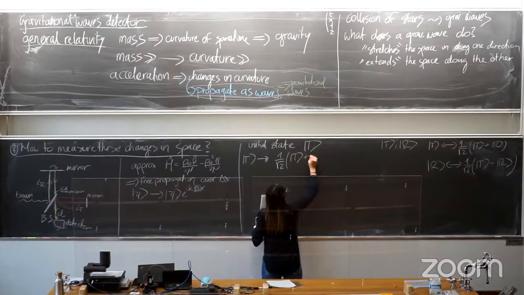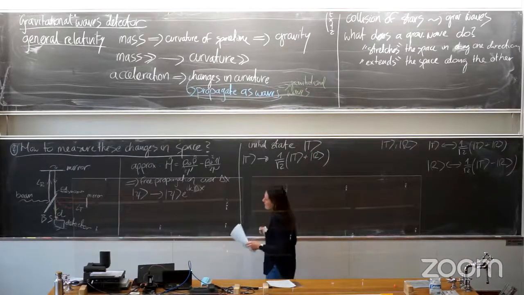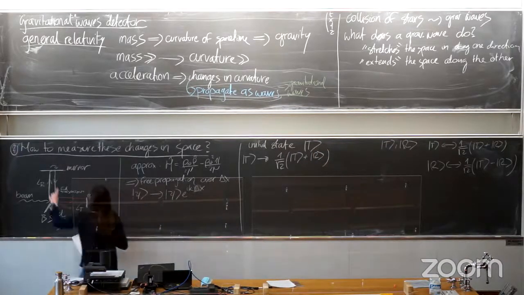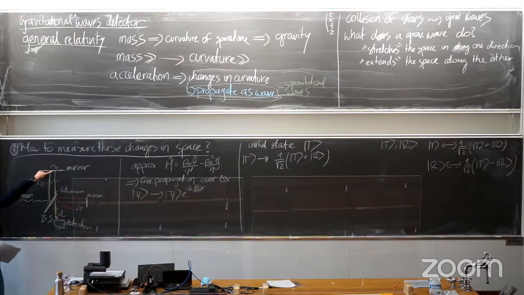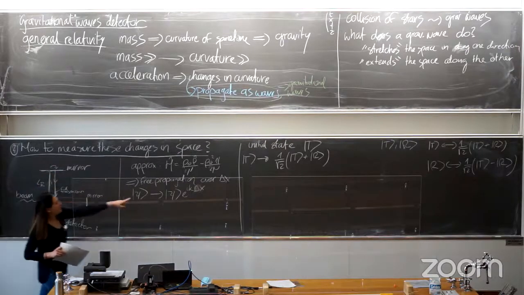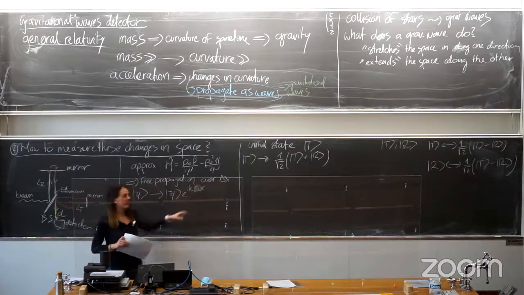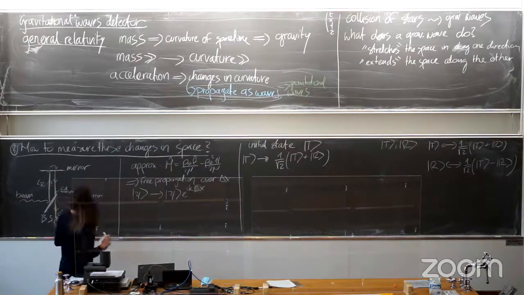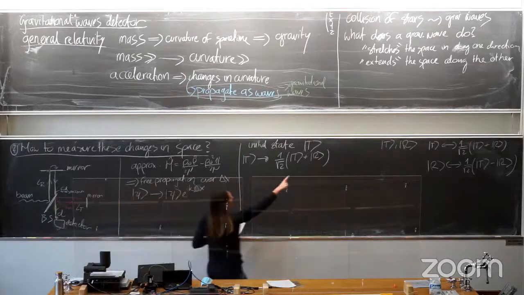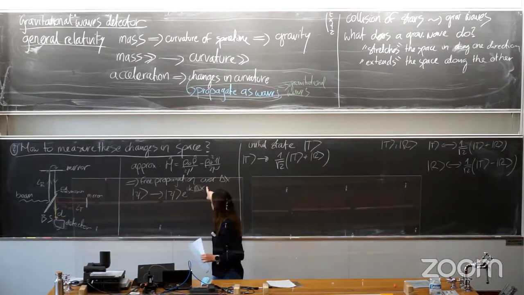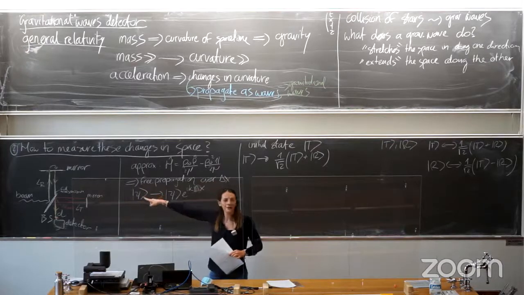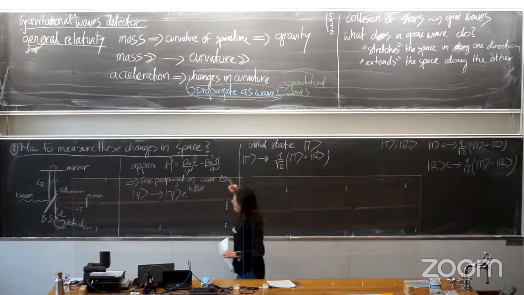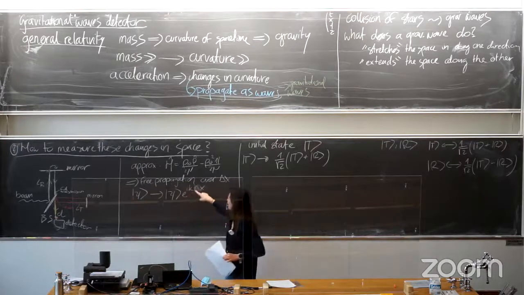Then, if you consider this mirror, what do we have to include? We have to include this phase. Our wave propagates from here to here. So this is the reflected wave, and it will pick up a phase corresponding to delta x equal LR. This state will pick up a phase corresponding to delta x equal LT.